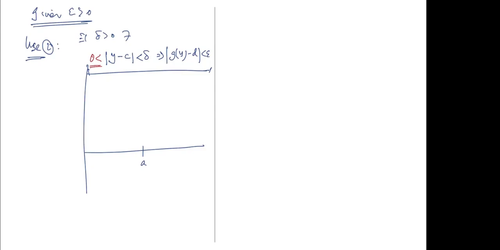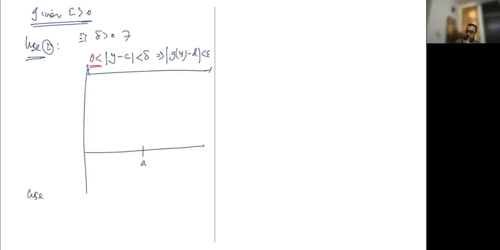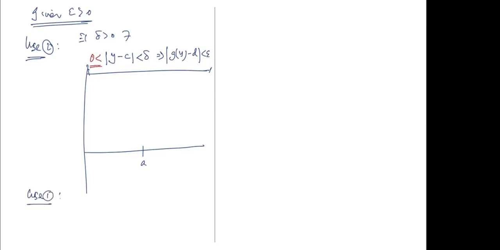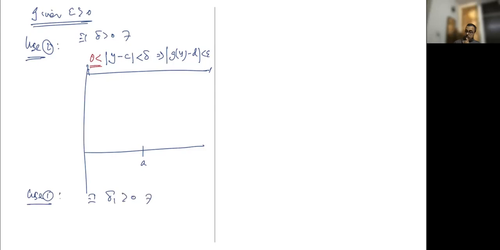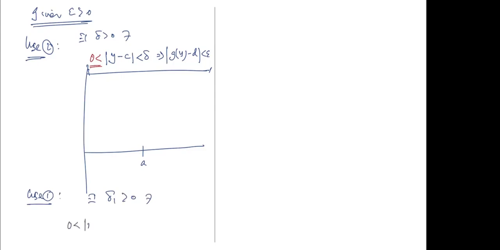Now for this delta, using 1, there exists some delta 1 greater than 0, such that 0 less than absolute value of x minus a less than delta 1 implies absolute value of f(x) minus c is less than delta.